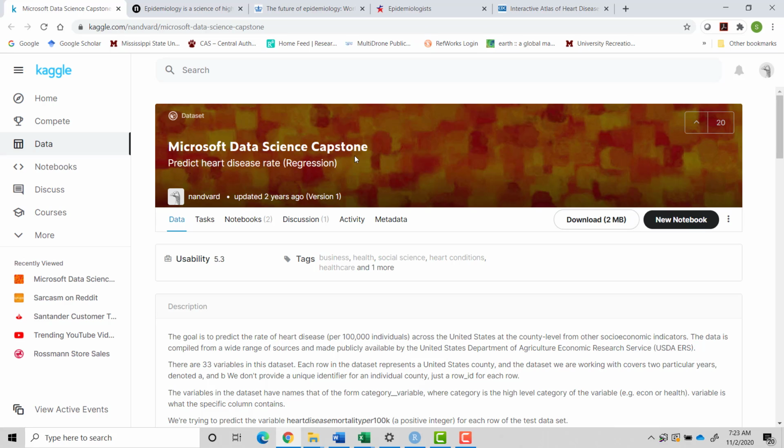Now, Microsoft used to have a set of data science training on edX, and they had a capstone course where you had to do what you're doing in this project: analyzing a real world data set and doing predictions from it. This was the data set associated with that capstone.